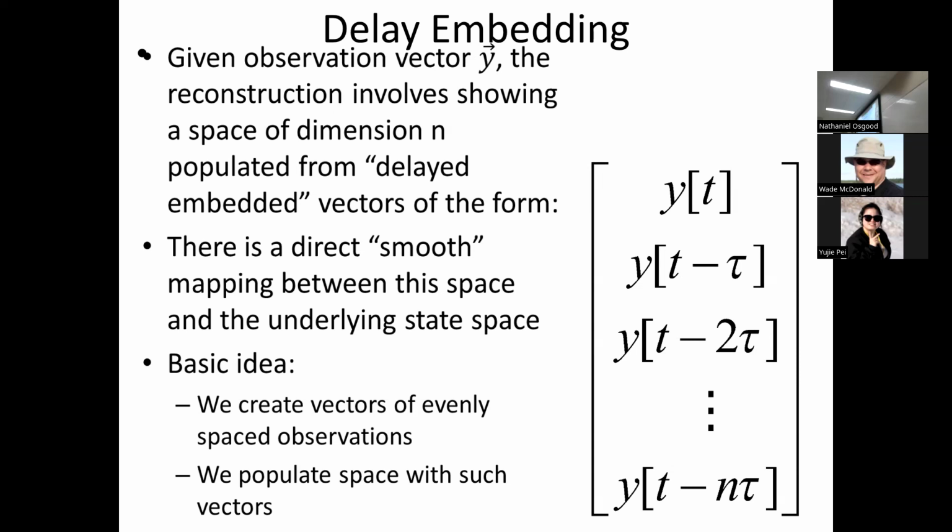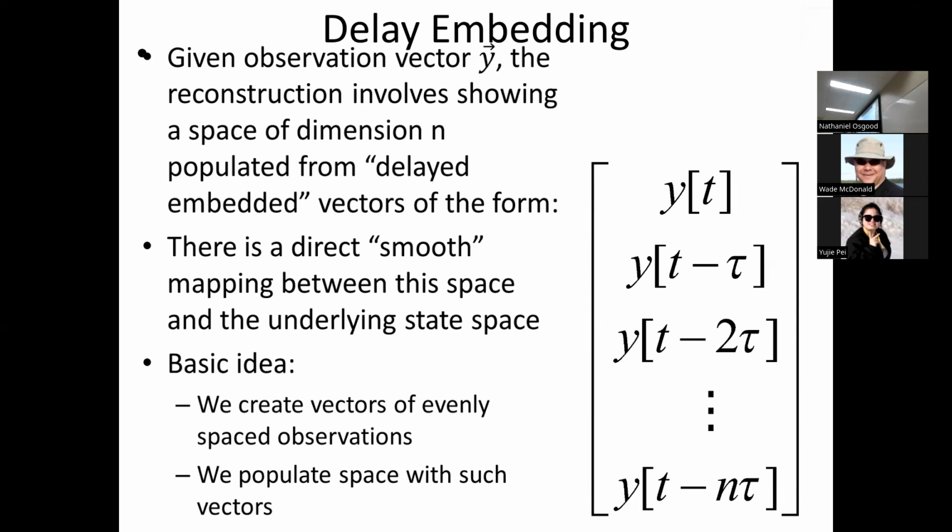If we were to take this, for each time point, except those at the very end where this might not be possible because there's not enough data before it, we create a vector for that specific time that is the data at that time, y of t, and then data for some amount of time before that, say 1 day before, and 2 days before, and 3 days, tau.